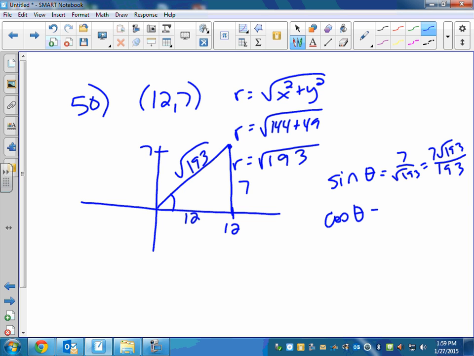So cosine would be 12 over square root of 193, or I'm just going to go ahead and rationalize my denominator. And tangent would be just 7 over 12, and then you can flip them over for the other ones. But remember, if it's not in the unit circle, that means the radius isn't necessarily 1. You have to find what r is in those problems. What else do we have to do?